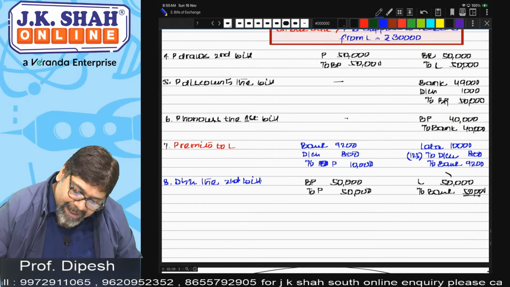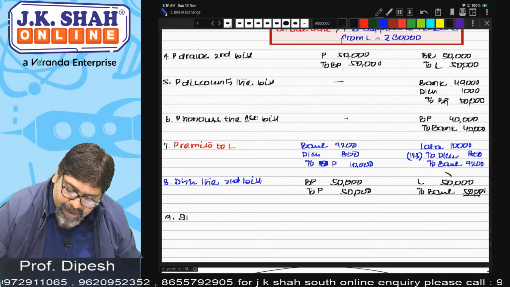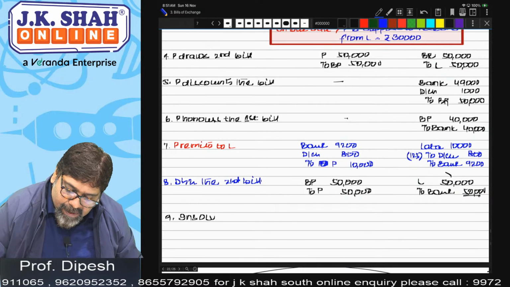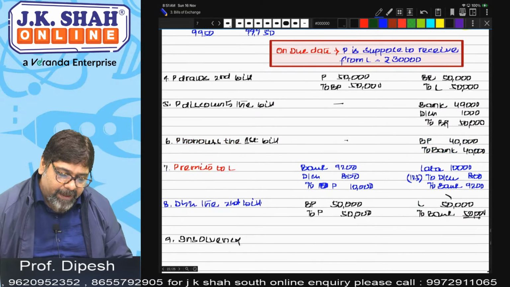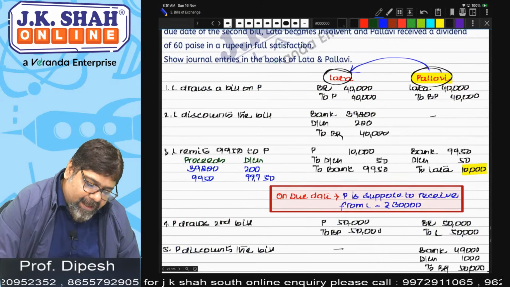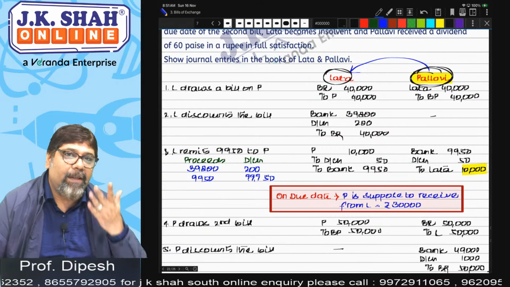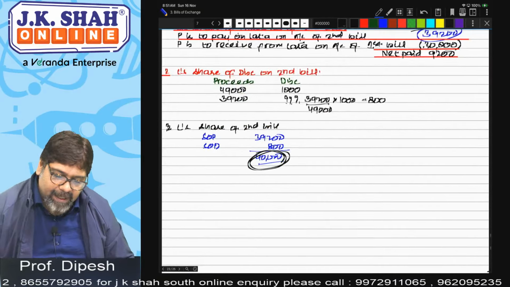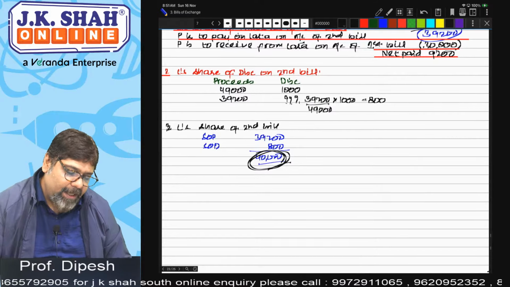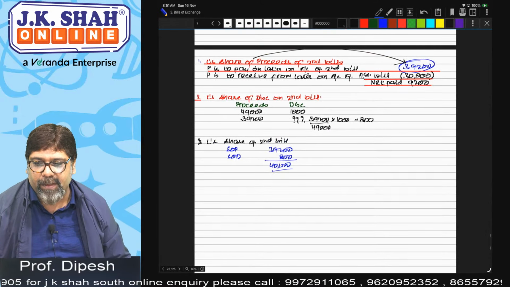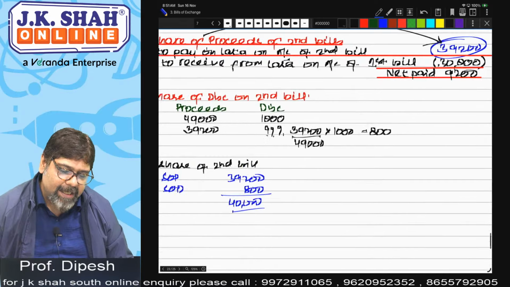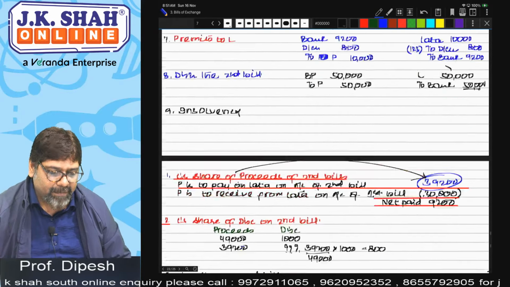Lata is insolvent. In this bill of 50,000, Lata's share was 40, Pallavi's was only 10.